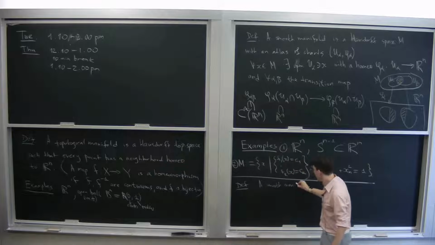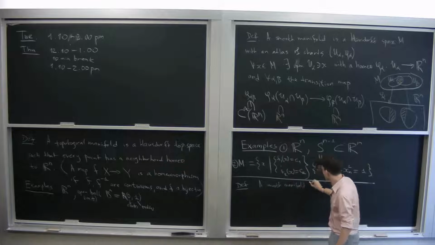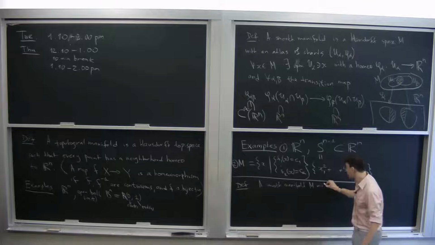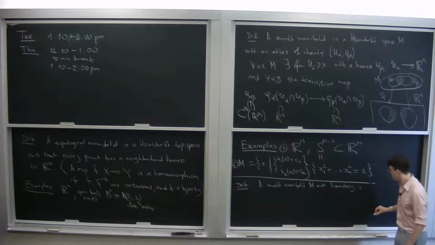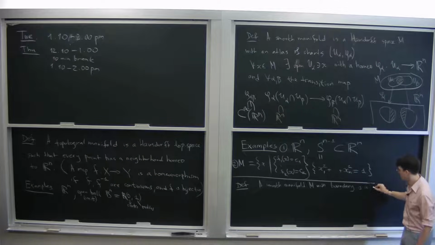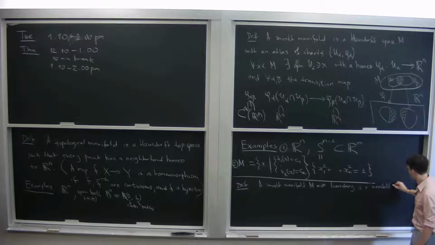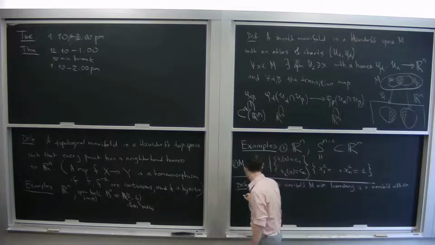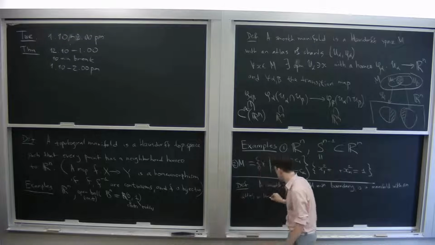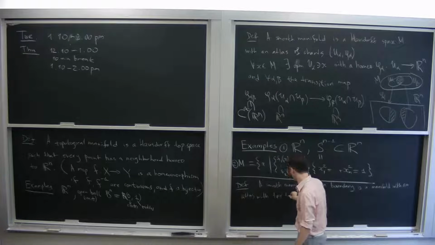A smooth manifold M with boundary is a manifold with an atlas containing two types of charts.